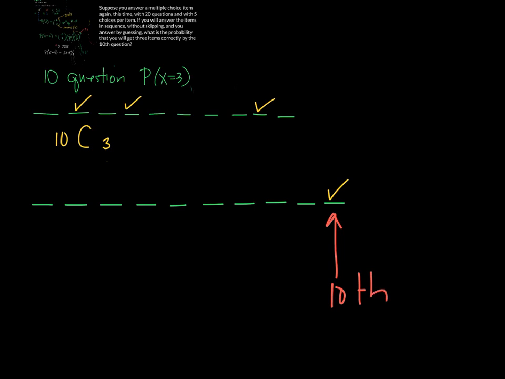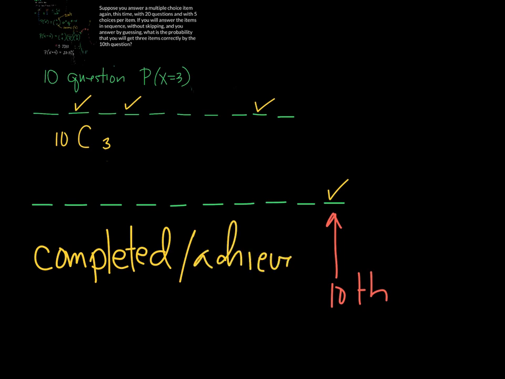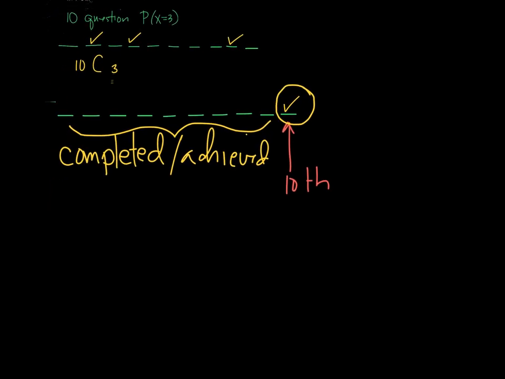So if my goal is to find the probability that you have achieved 3 items correctly, then that means aside from this correct item, you should get 2 from the 9. So therefore, this will be a case of from 9 you should get 2.